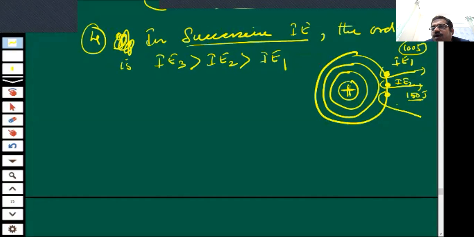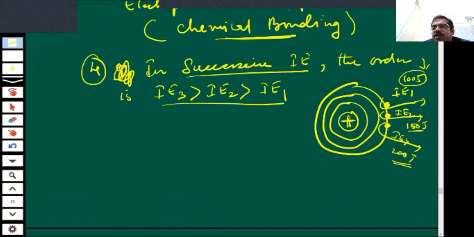In the same way, if you want to remove the third electron, you have to give more energy. So see the order, what I told you. Such type of removal is known as successive ionization energy, successive removal of electrons. In one atom only you are removing one by one, first electron, second electron, third electron, like this. So this is the order.